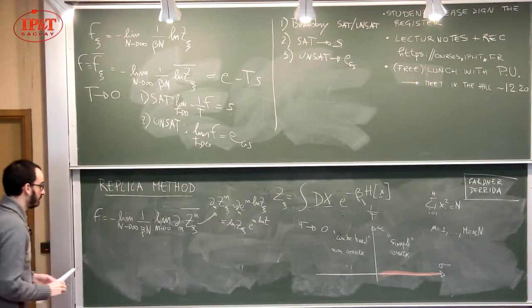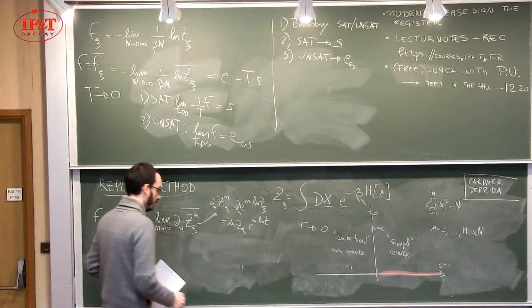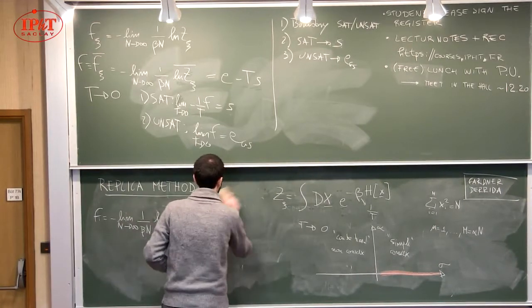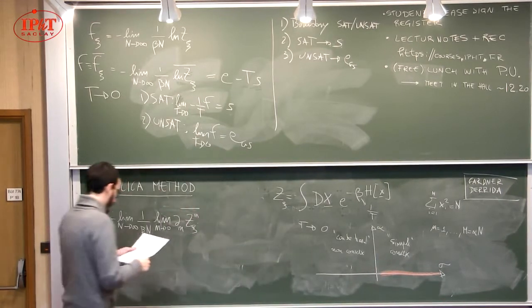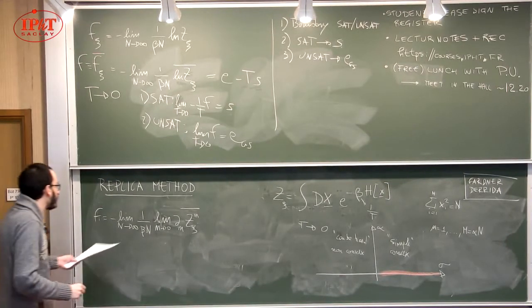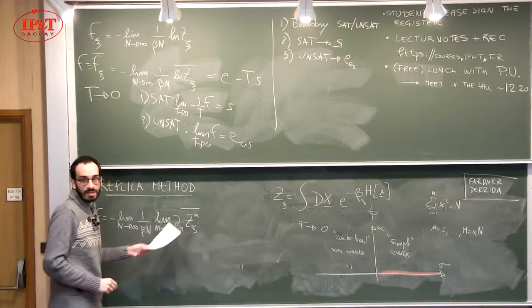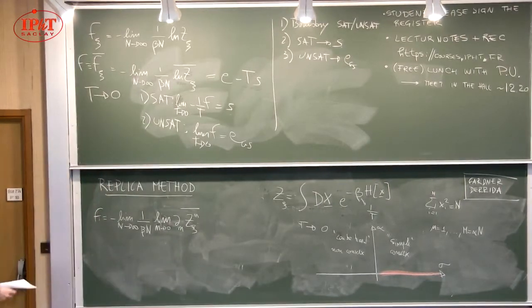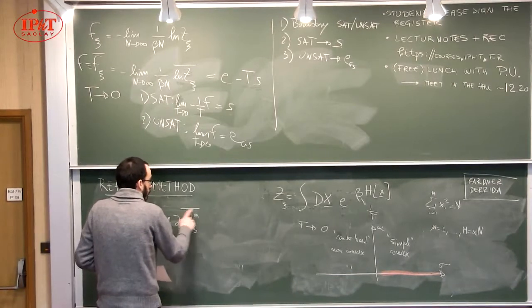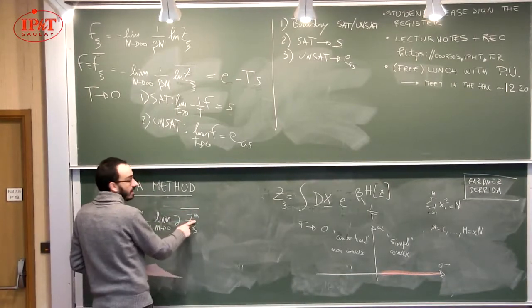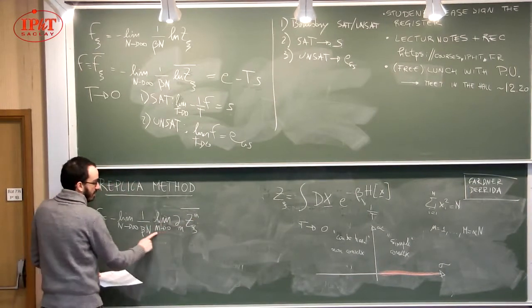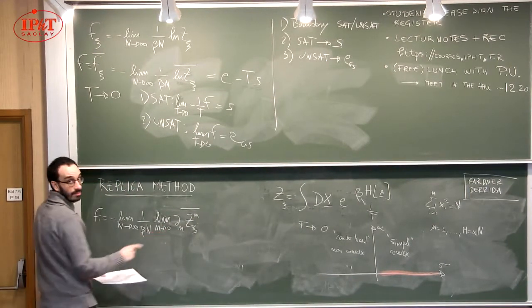Okay, so this is trivial. And now you can ask if this helps in some way. In general, it doesn't help, in the sense that it's hard to compute this average for generic values of n. And in particular, we are interested in the limit where n goes to 0.